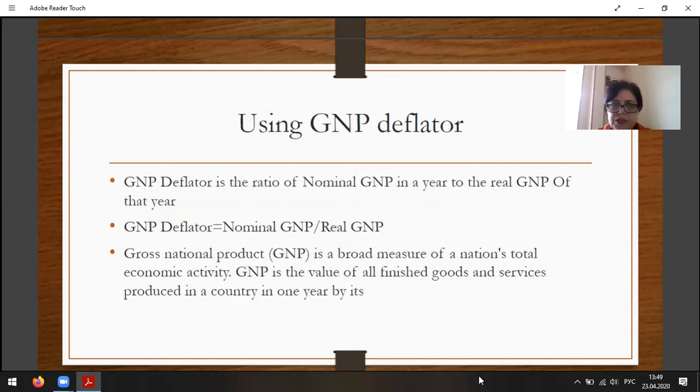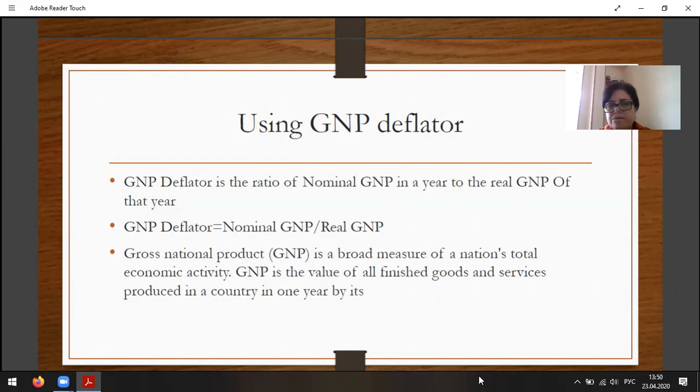The GDP deflator or GNP deflator, which have approximately very close values, shows the ratio of nominal GNP during the year to the real level of GNP, gross national product, of that current year. So the GNP or GDP deflator is the ratio of nominal GNP, or in some countries the GDP, to the value of real GNP.